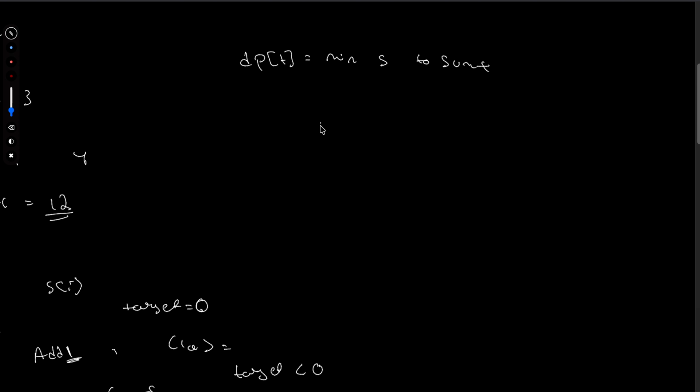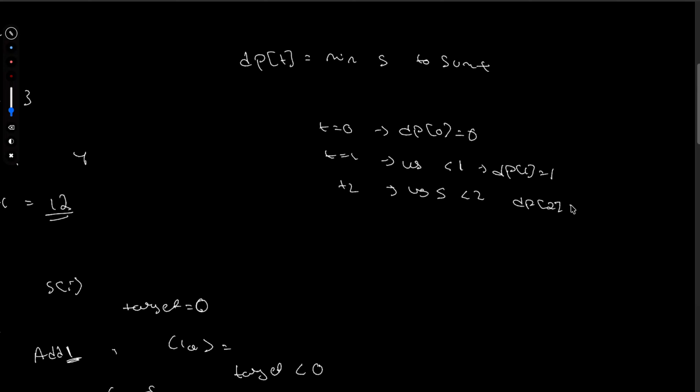For t equal to 0, DP of 0 is 0. Target is 1, use squares less than or equal to 1, so DP of 1 is 1. Target is 2, use squares less than 2, so DP of 2, and so on it continues.